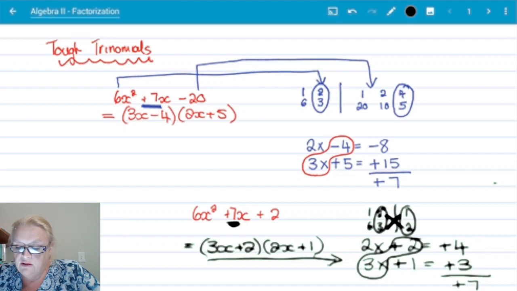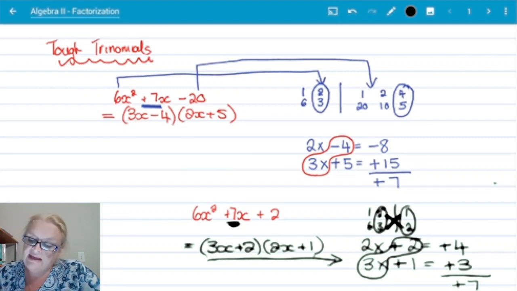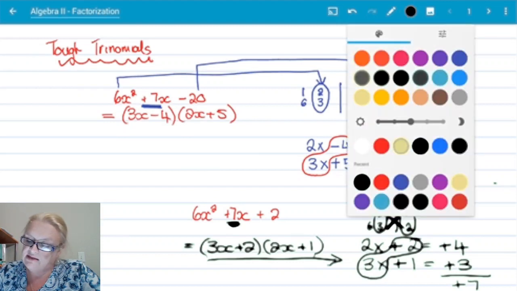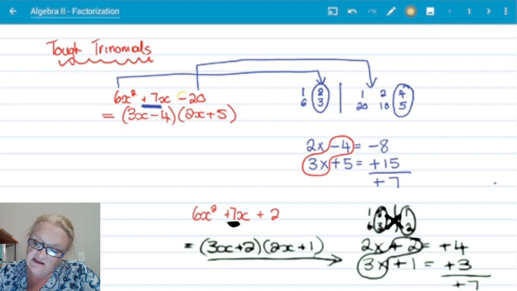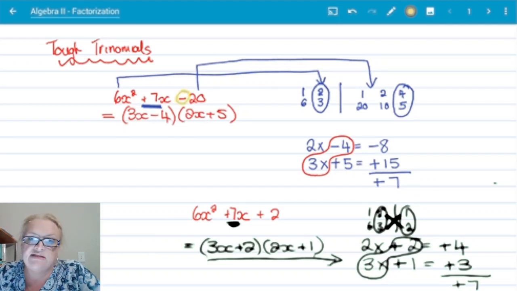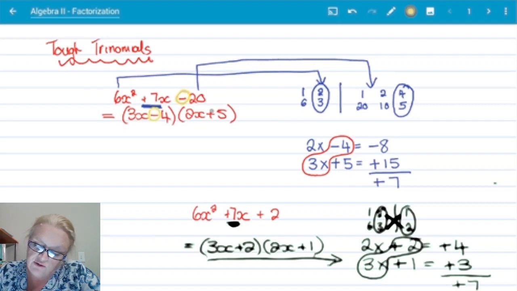Now, just before we move on, I want to remind you what we did about the easy trinomials. What we learned there was that the minus or the plus in the last position is the thing that's going to tell me if I have brackets that have the same sign or opposite sign. In my first example, I happen to have had a minus, and my brackets happen to have worked out to both have opposite signs.